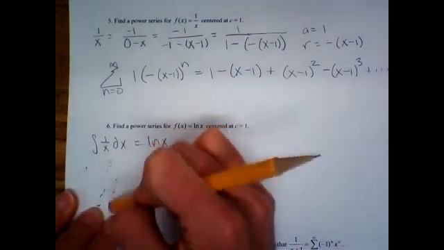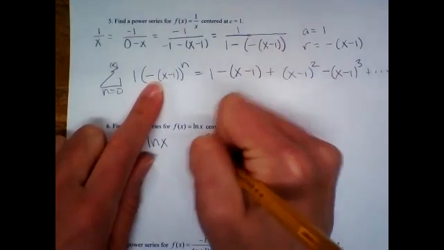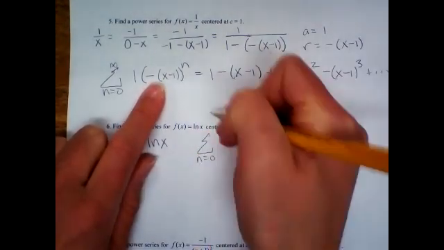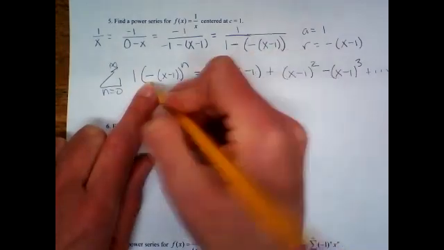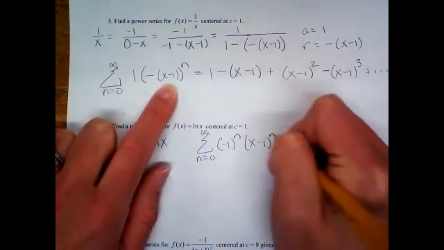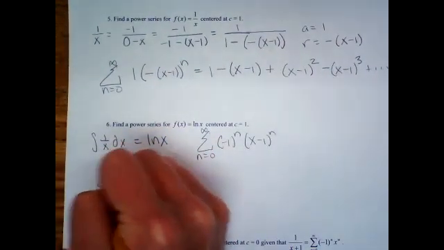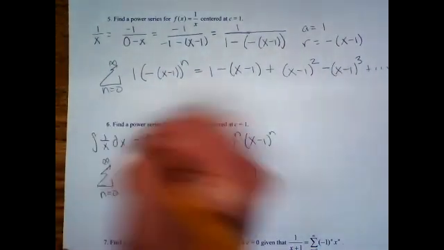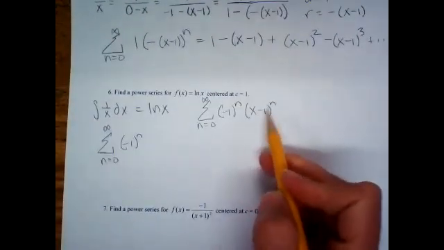Before we go and do this, actually, I guess I didn't need to erase that. Let me rewrite that, because actually it's not wrong, but let me just rewrite it. It would be -1 to the n, and then x minus 1 to the n. Does that make sense? Let's think of it that way instead, because that's going to make it a little bit easier. Because yeah, what is that antiderivative? So the -1 to the n will just sort of be there. There, that's a little bit easier.